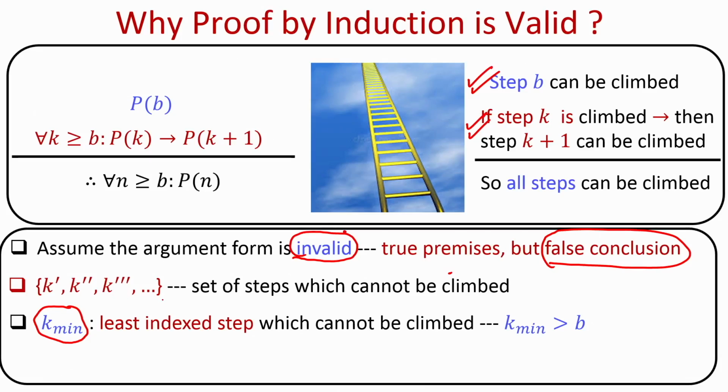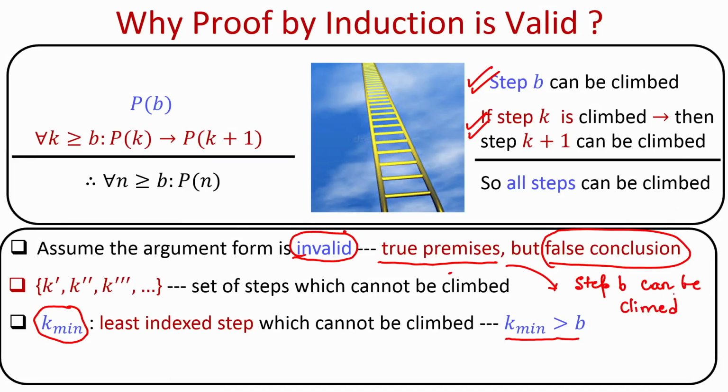Okay. Now, I can say that definitely k min is greater than b. This is because I am assuming my premises are true, and my premises are true means step b can be climbed. That means that is a true statement. That means definitely k min can't be b.